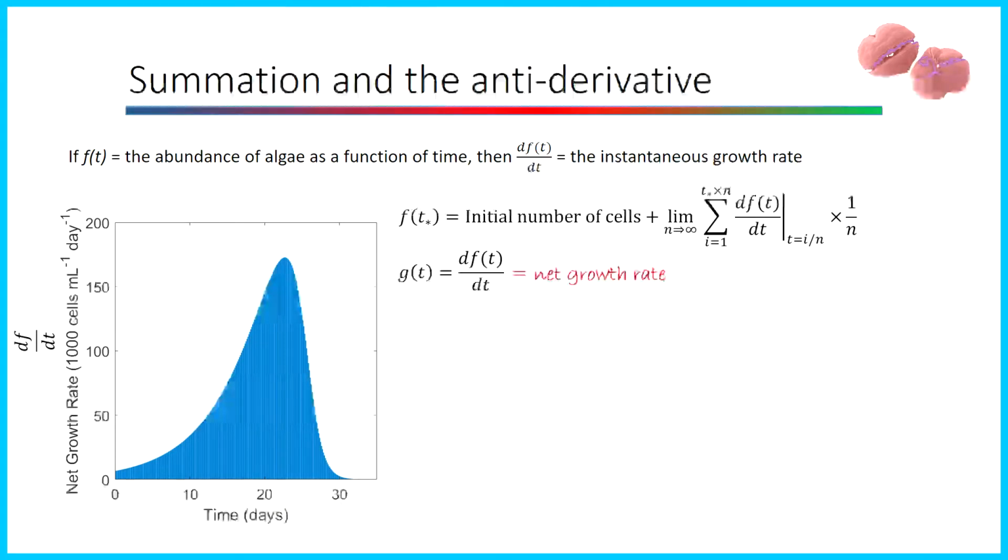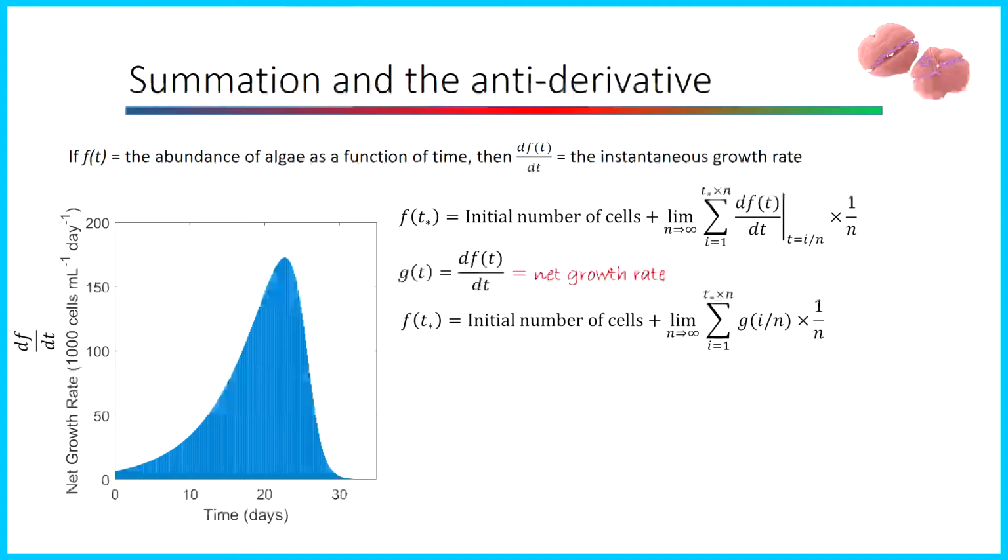We can now rewrite the first equation as f of t equals the initial number of cells plus the limit as n approaches infinity of the sum from I equals 1 to t star times n of g of I over n times 1 over n. Note that the reason we have I over n in the function for g is that we need to evaluate this function basically from something close to 0 all the way up to t star.